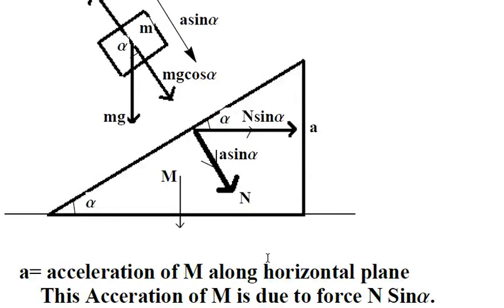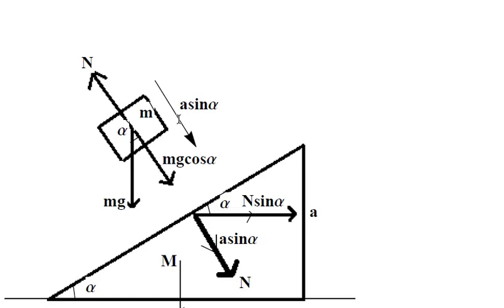Now we will discuss an important point here. This acceleration A has a component perpendicular to the wedge, A sin alpha. This is alpha, this is A. So A sin alpha is the acceleration perpendicular to the wedge. Now we see the smaller block here.